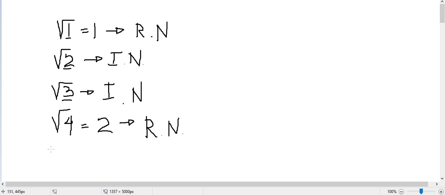Last, square root of 5. Square root of 5 is an example of irrational number because 5 is not a perfect square. Okay?